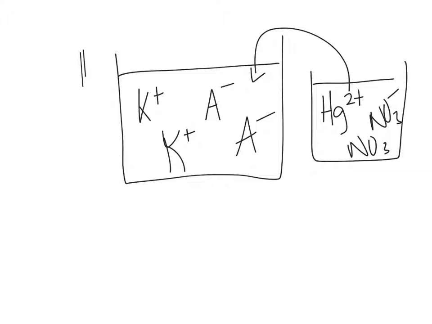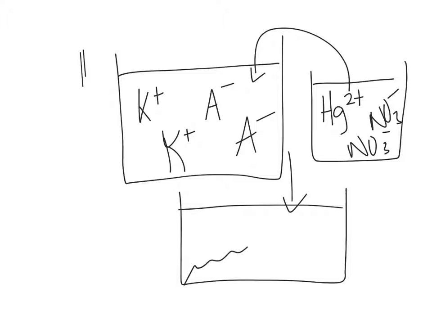So we've got this. What's going to happen here when we mix them? You're going to get this solid at the bottom, and it's mercury connected to your ion, A negative, and we're still going to have K plus and NO3 ions in solution. What are the spectator ions?